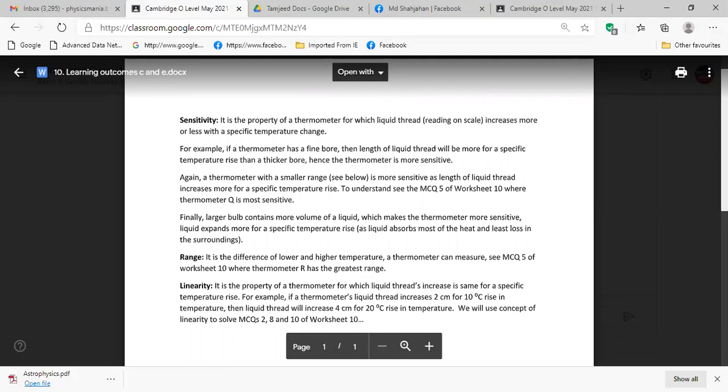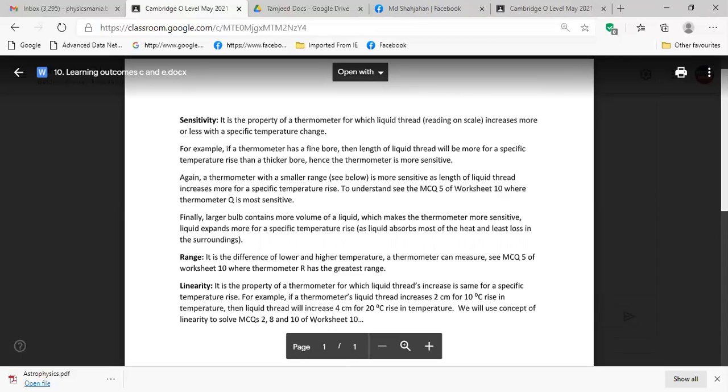You just told me that if the diameter is less, then it is more sensitive, right? Sensitivity depends on the diameter of the capillary, right? If the diameter is less, then the sensitivity is more, right?